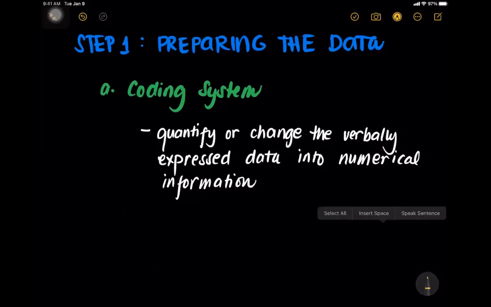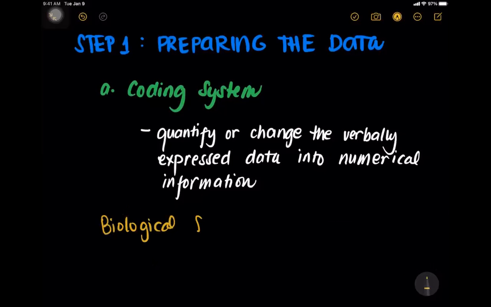So let's use biological sex as our variable here. And as we know, there are only two biological sexes. We have the male and the female. Now, how can we quantify male and female? Because in the first place, they are dichotomous nominal variables.